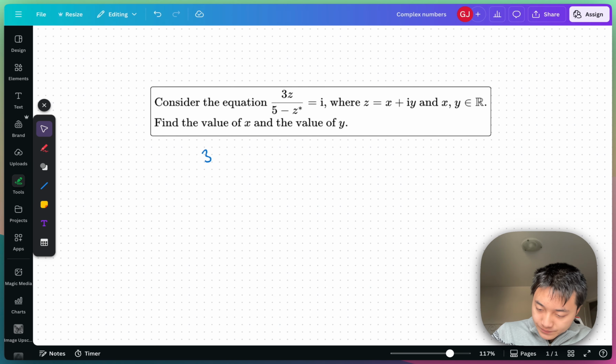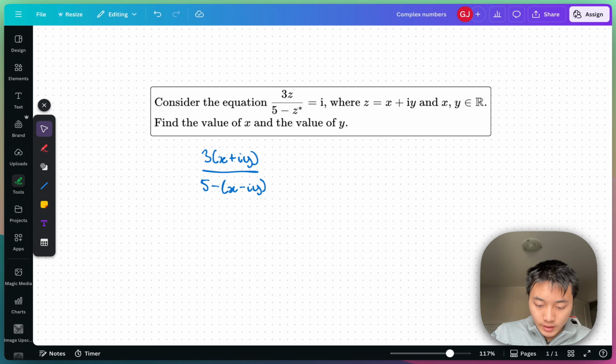So 3x plus iy over 5 minus, so the conjugate is just the imaginary part turning negative or positive. So it's still x, but it's minus iy this time. And this is equal to i.